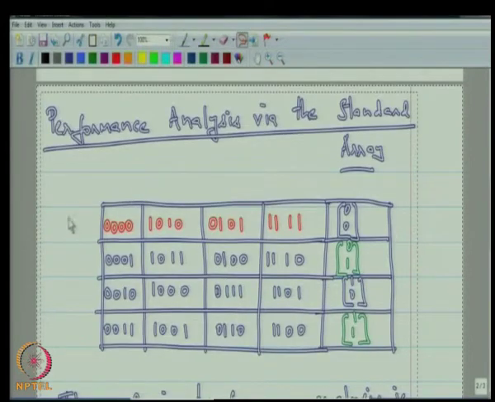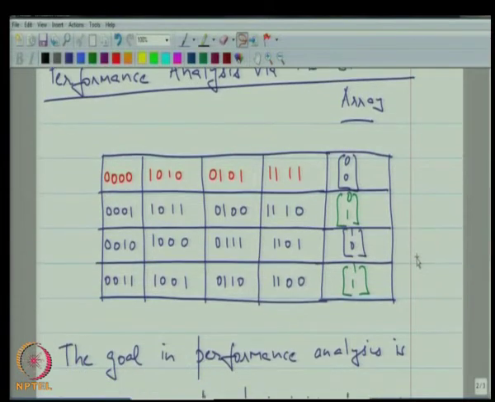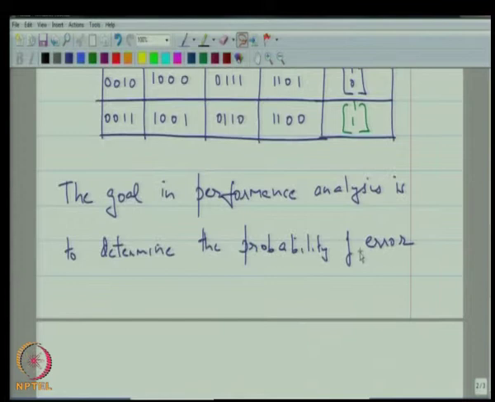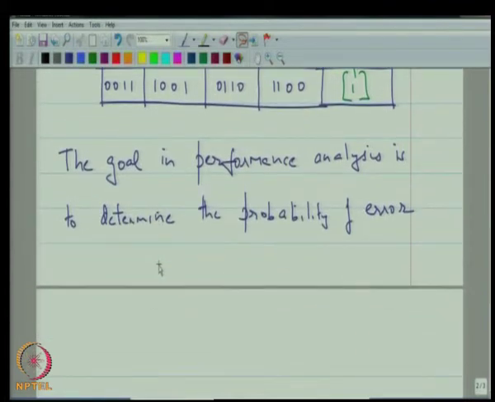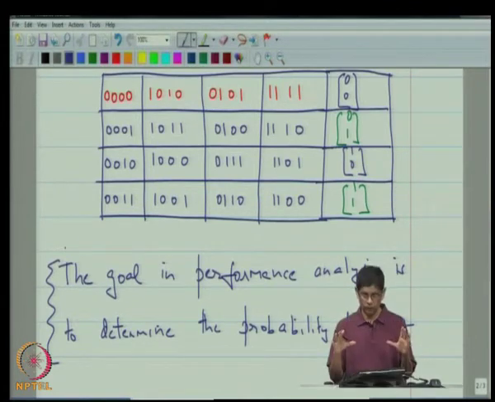We want to use the standard array for carrying out performance analysis, and the goal in performance analysis is to determine the probability of error. There are different probabilities of error that come into play, and we will begin by focusing on the probability of code word error.